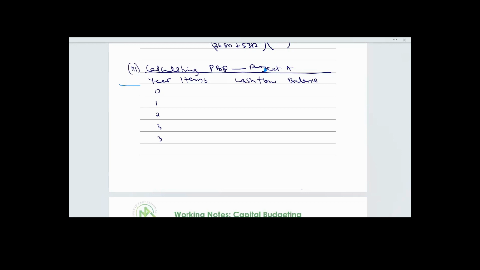Now, when it comes to payback period, you remember that when we calculated NPV and internal rate of return at year 3, we added together the scrap value plus the cash flow of that year 3 because they are affected by the same discount factor. However, when you are calculating your payback period, please separate your scrap values so that you are not using scrap value as a bailout factor.